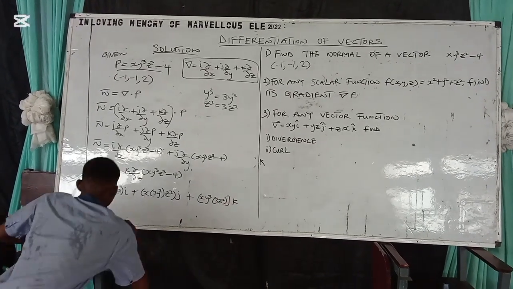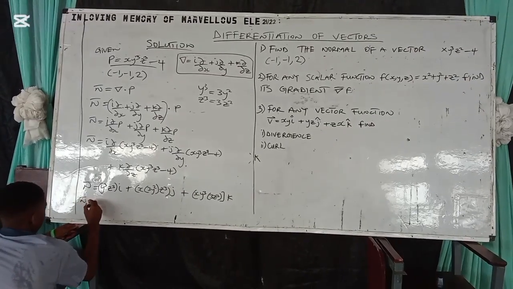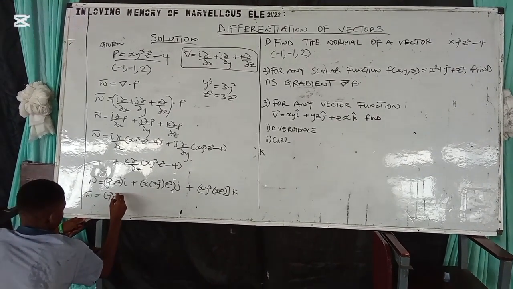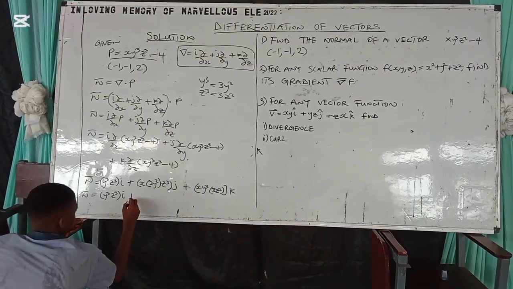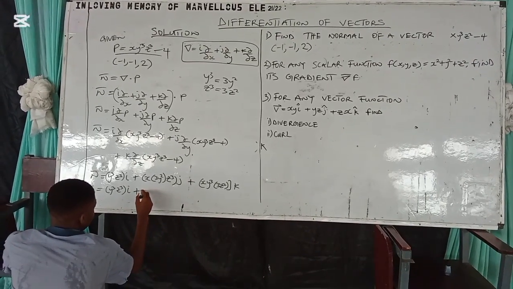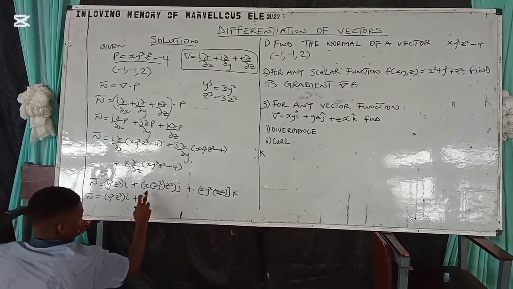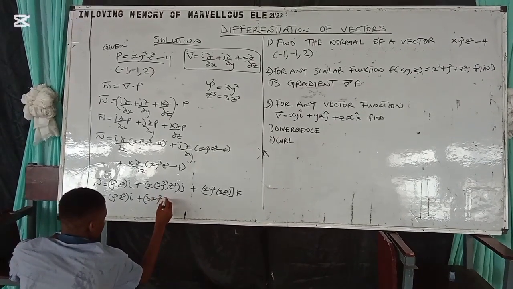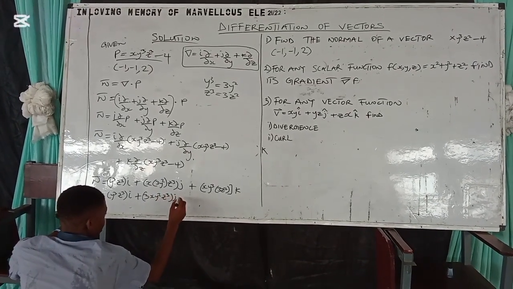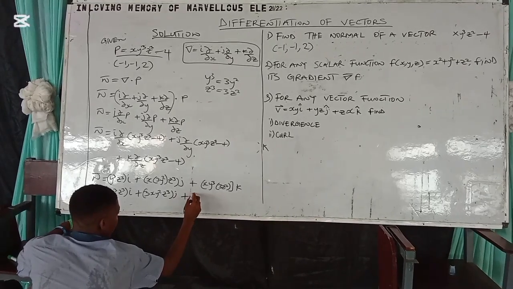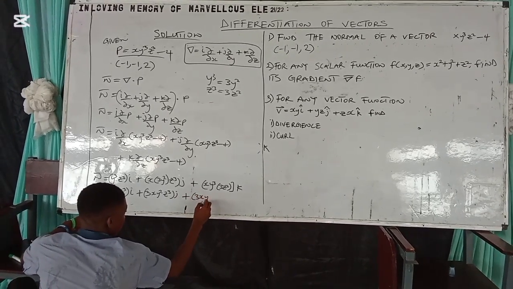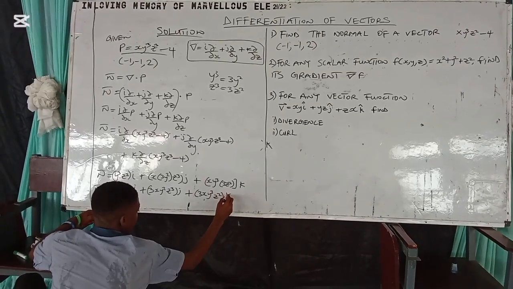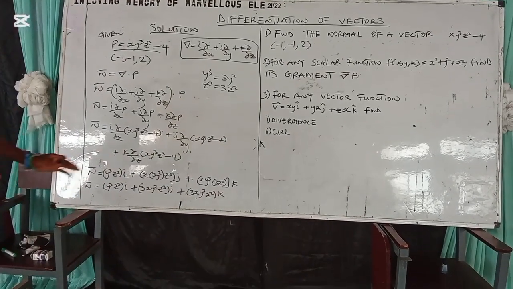Now n equals y cubed z cubed i plus 3 x y squared z cubed j plus 3 x y cubed z squared k. This is our final answer.